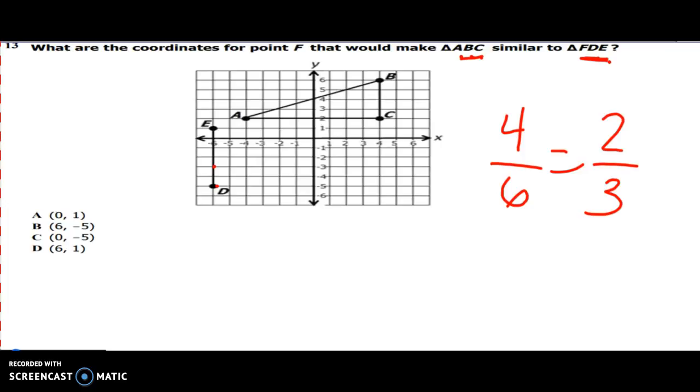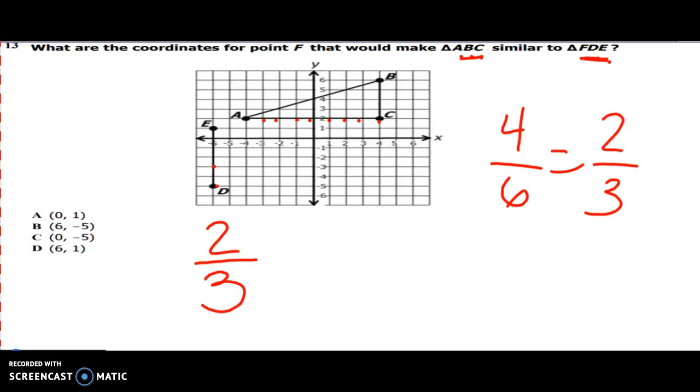If I count from A to C, 1, 2, 3, 4, 5, 6, 7, 8, right? I've got a ratio here of 2 to 3.